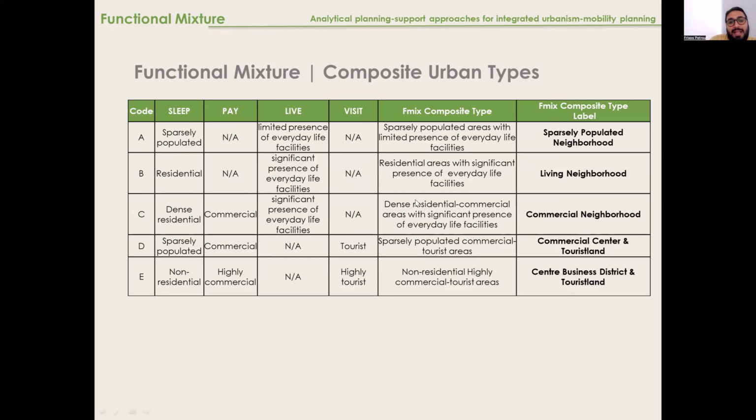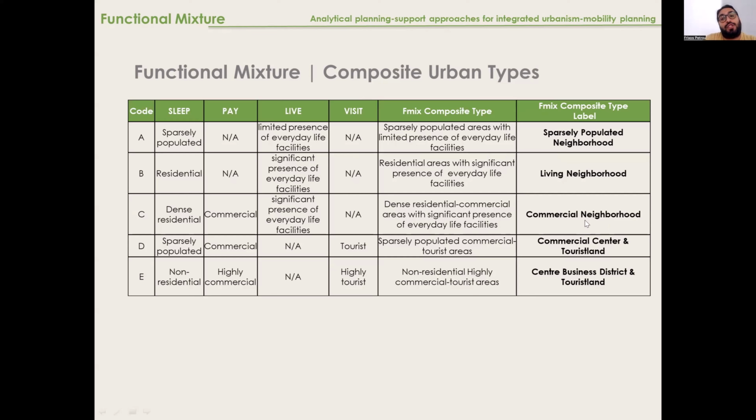For example, the dense residential and commercial areas with significant presence of everyday life facilities, which is a description that comes directly from the quantification of the performance of metrics, can be labeled by the researcher, by the planner, as a commercial neighborhood.